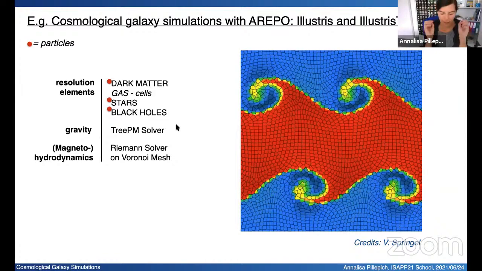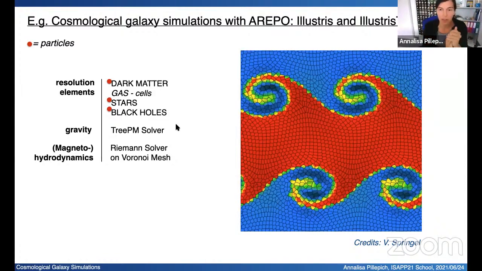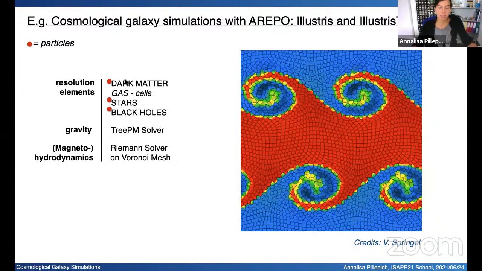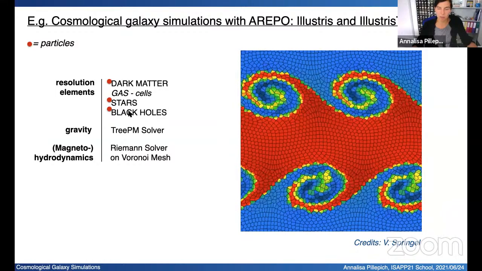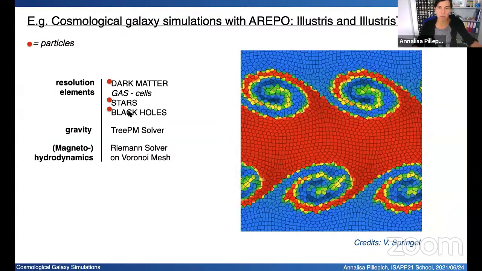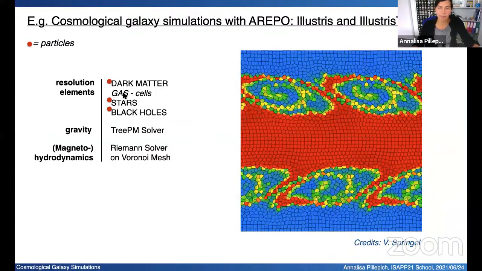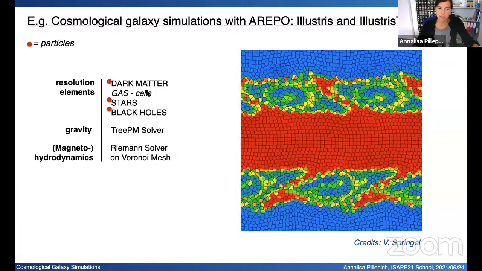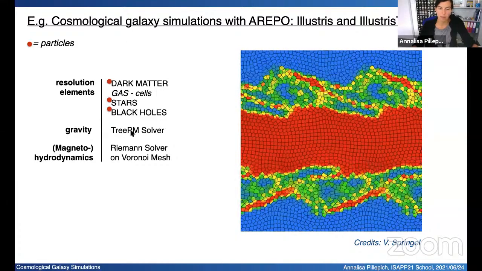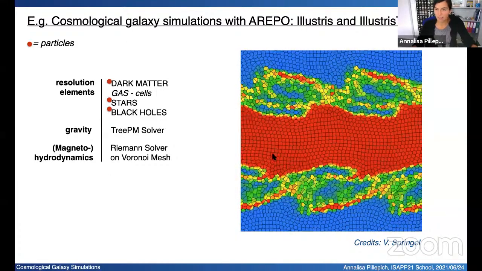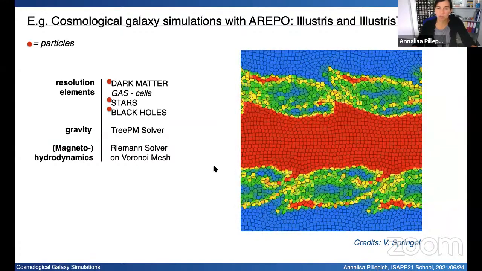When we run galaxy formation simulations with Arepo, the resolution elements are dark matter, stars, and black holes, which are particles. They all interact gravitationally. And the gas are cells, and they interact both gravitationally and hydrodynamically. Okay? And this is another example of how the Arepo code functions.